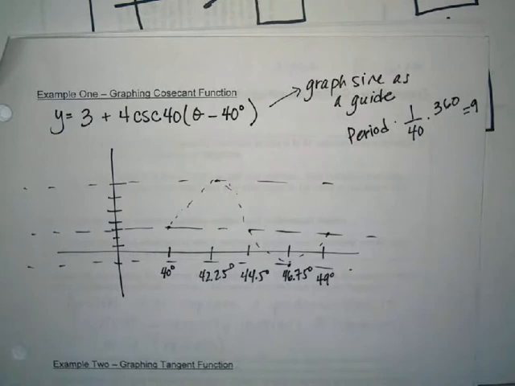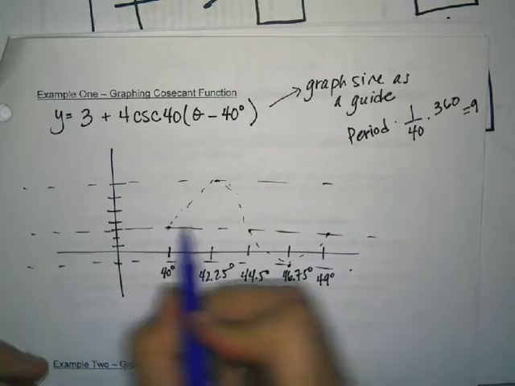Wherever sine is 0, keep in mind that your cosecant function is going to be non-existent. So sine is 0 here, here, and here.